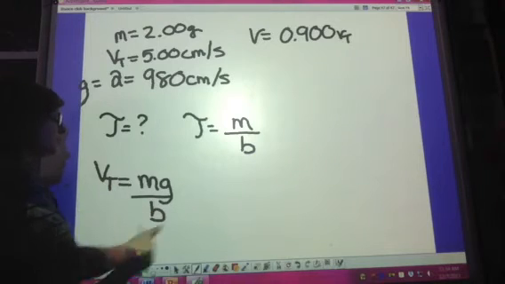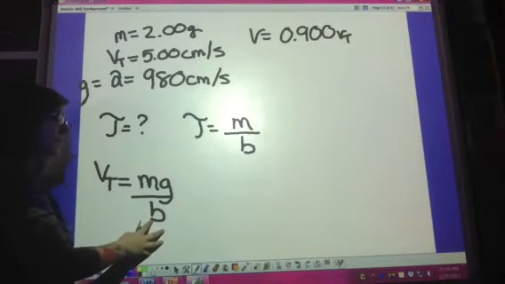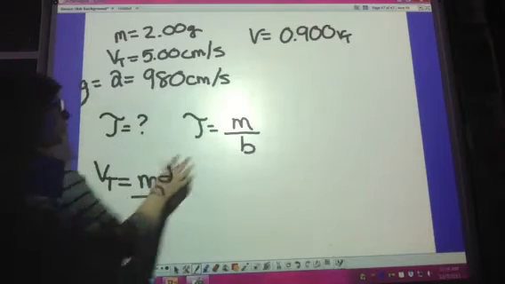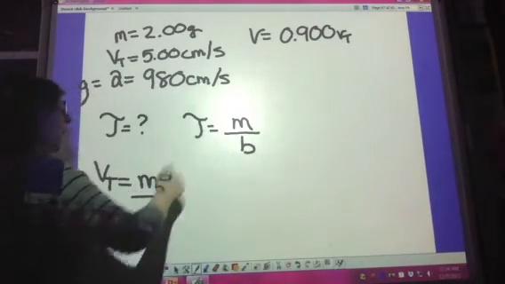So if I rearrange this equation to solve for B, I could plug that in for B here and find tau. Let's do that.